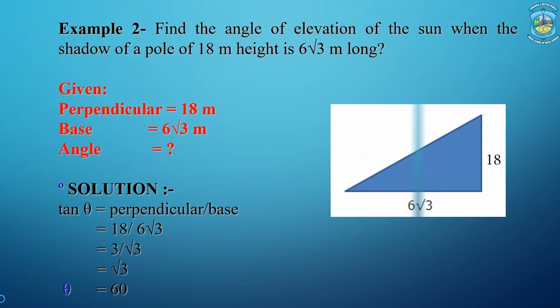Tan theta is equal to perpendicular upon base. The value is 18 divided by 6 root 3. When you solve this, you will get 3 root 3 upon root 3, or root 3. Root 3 is the value of tan 60 degree. So theta is equal to 60 degree. In this way, you can find the missing angle.